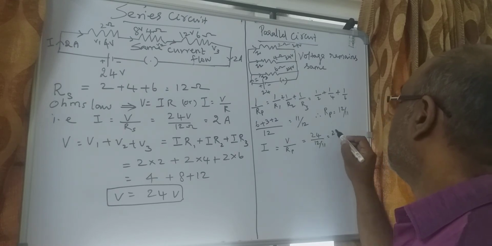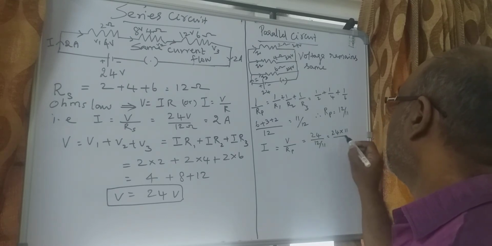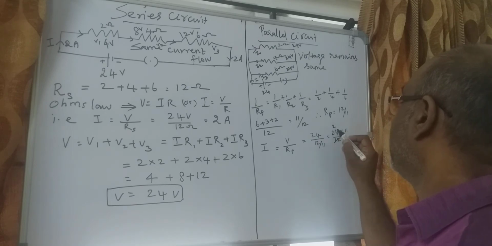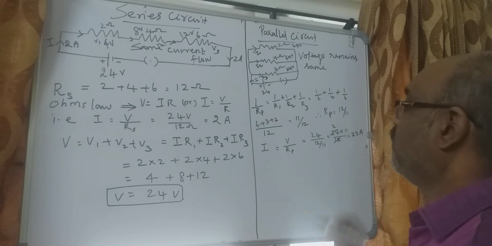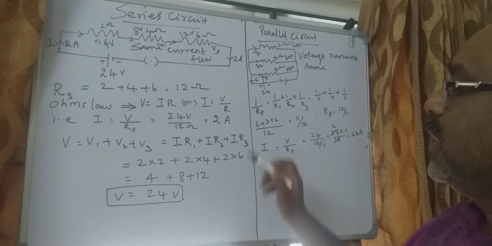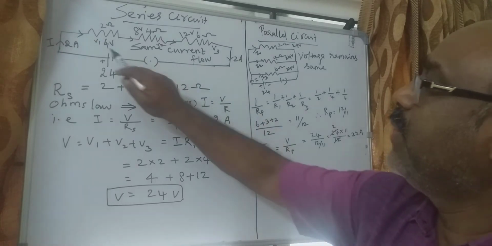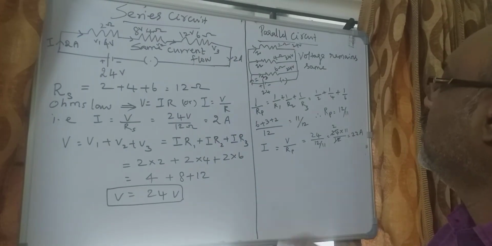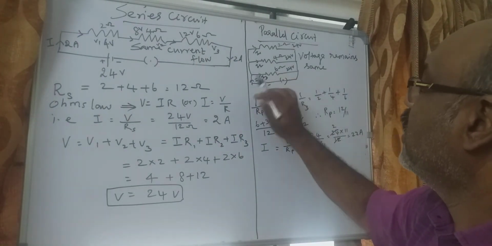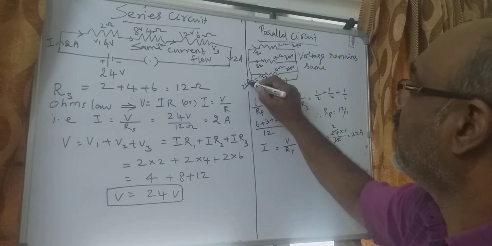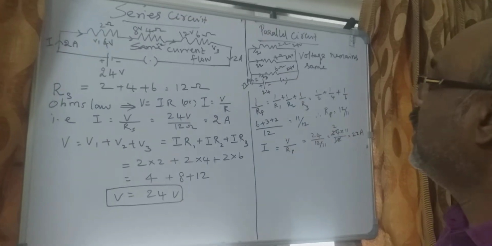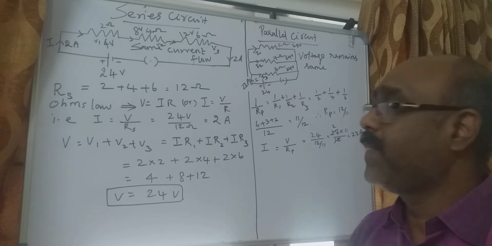That is 24 into 11 by 12, which goes 2 times here. So 22 ampere flows here. Now 22 ampere of current is flowing in the circuit.